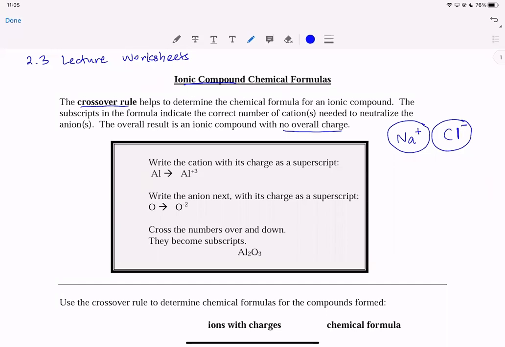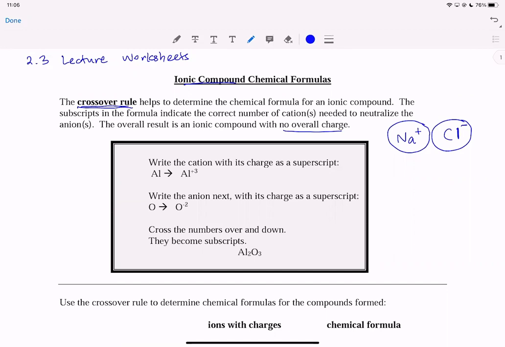So that's a 1-to-1 ratio. But this is easy for a 1-to-1 ratio. It's not as easy when you have the charge values that are +2 or +3, or when you're combining +2 and +3. So this is why we have this process called the crossover rule.